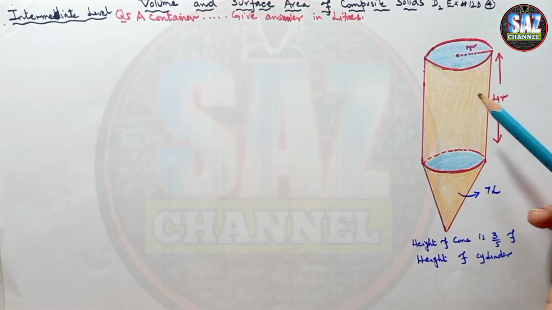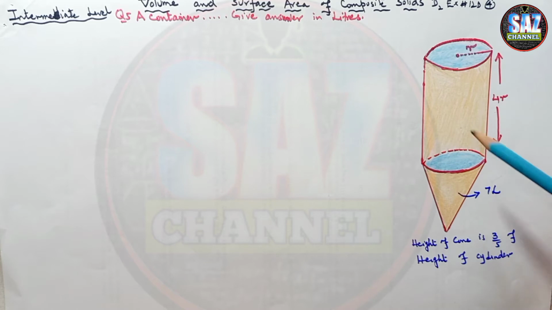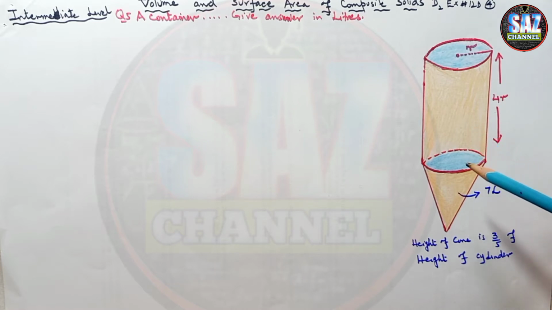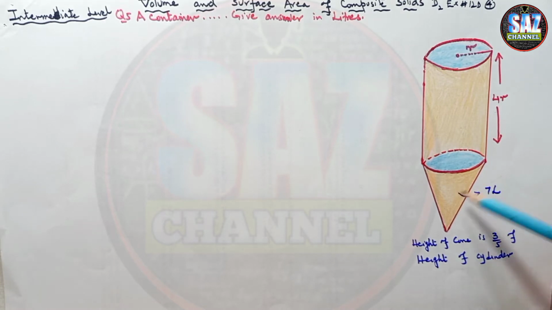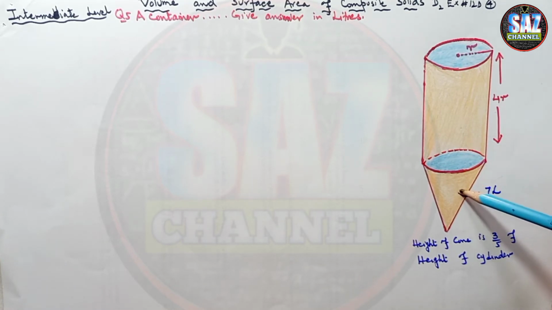We have to find how much water is required to fill the cylindrical portion, and then add that answer to the 7 liters for the conical portion, and then we get the total amount of water required to fill the container completely.